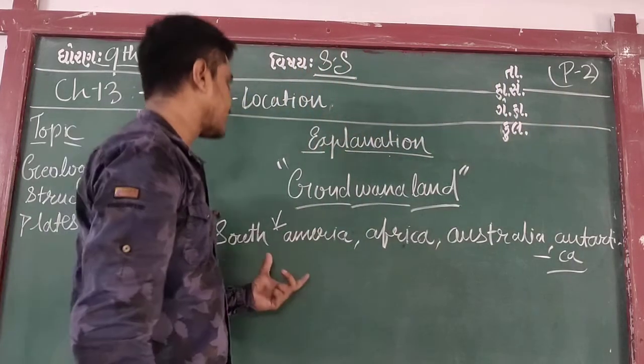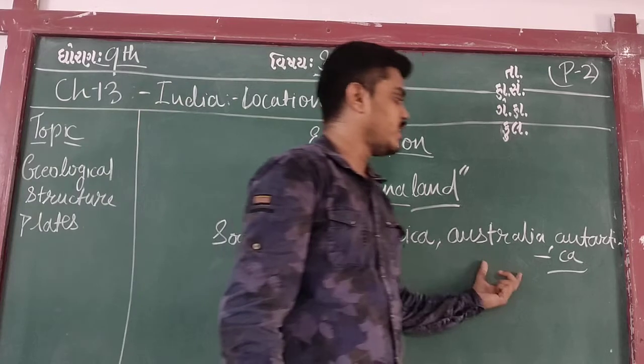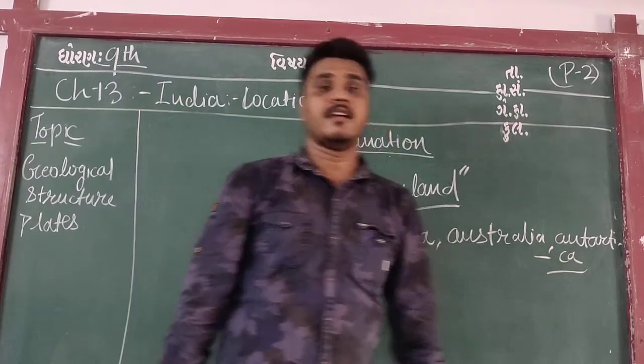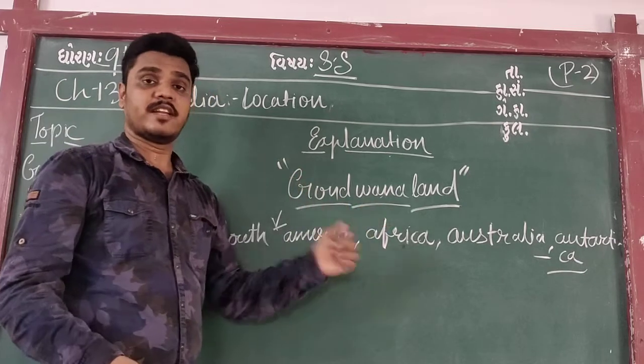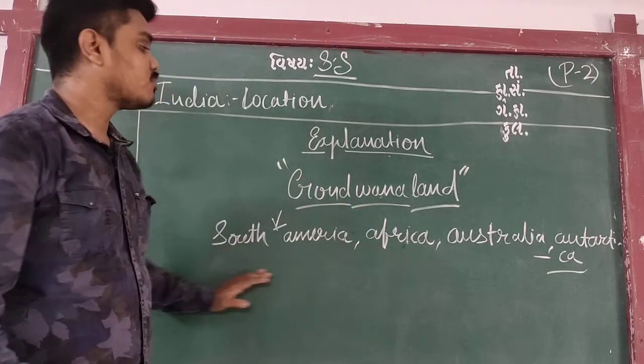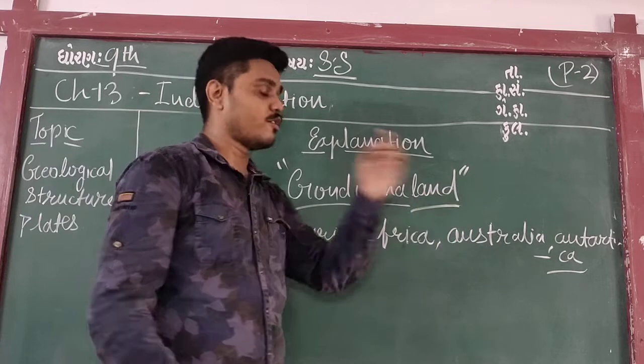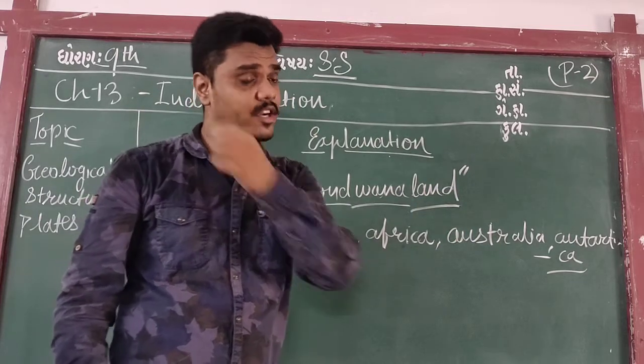Okay, so here we have South America, Africa, Australia, and Antarctica. In ancient time, India was part of this land. Got it?